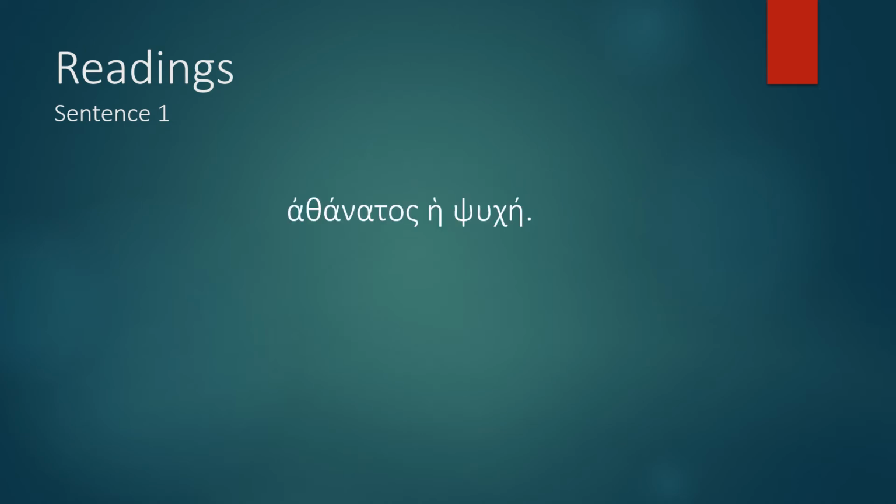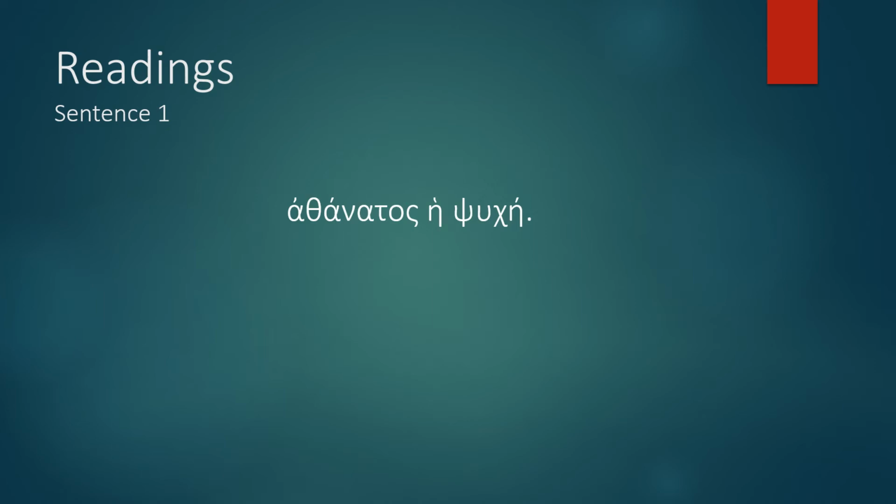So, first sentence, athanatos he psuche. There are, well, a lot of things that we're going to learn about analyzing sentences, a ton of method and grammar. We have to figure out, I guess, first, what part of speech each of these words is.